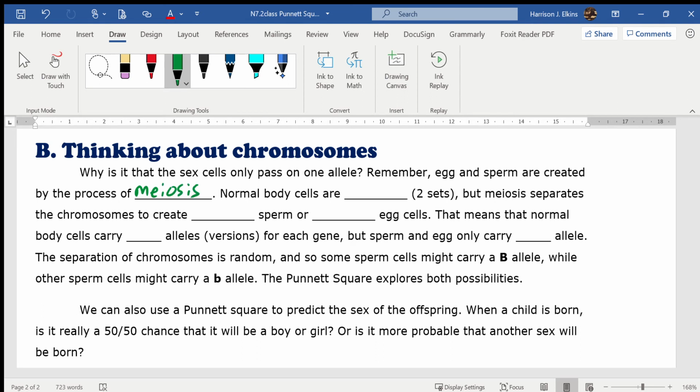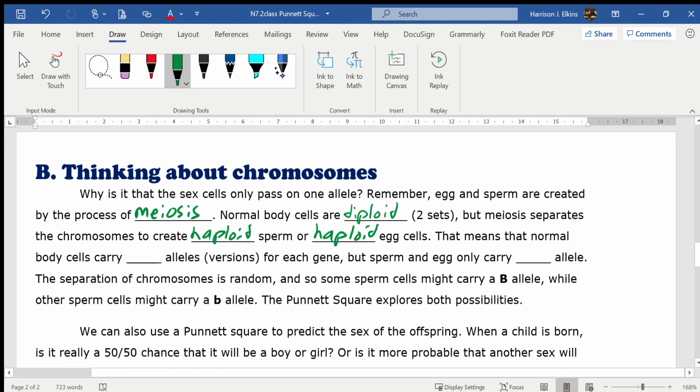Remember, normal body cells have two sets of chromosomes. So we call those diploid. But meiosis separates the chromosomes to create haploid sperm or haploid egg cells. So they have half as much.